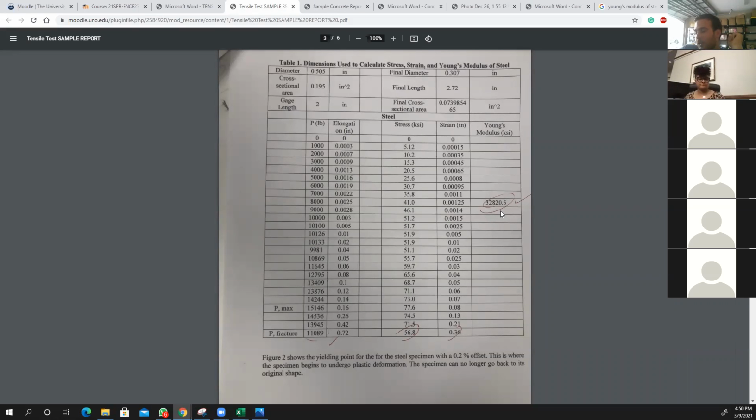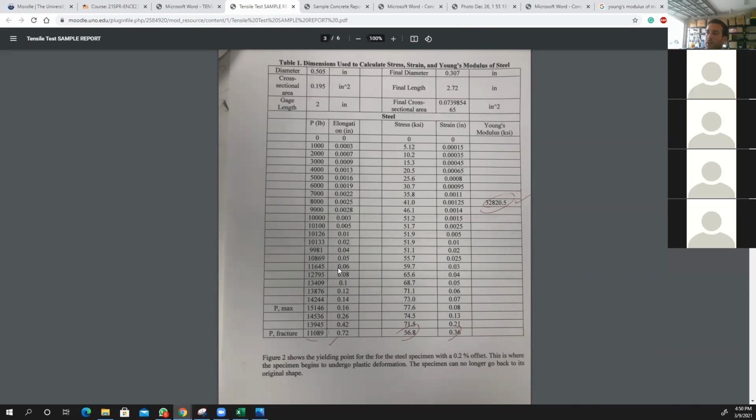Since we are running real tests, and it's just one-time testing, we make errors during the testing when we're taking readings and measurements. That's why it's more than 29,000 KSI, and that's why you should discuss it in the discussion part of your report, why the Young's modulus of our steel sample came out different than the one that's advertised or shown on the steel manual. It's because of the errors.